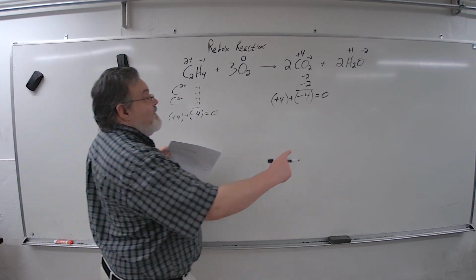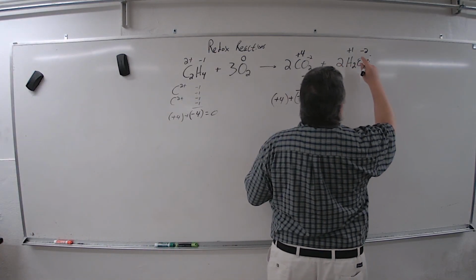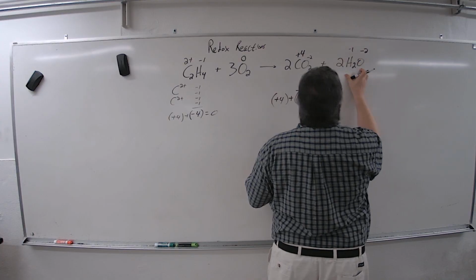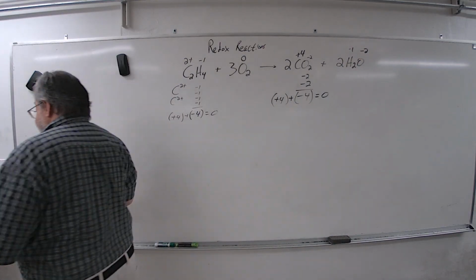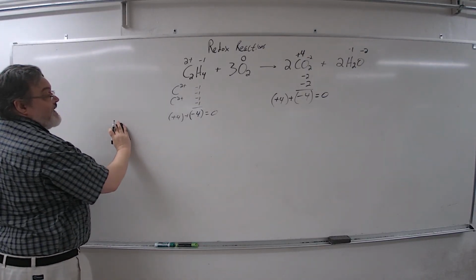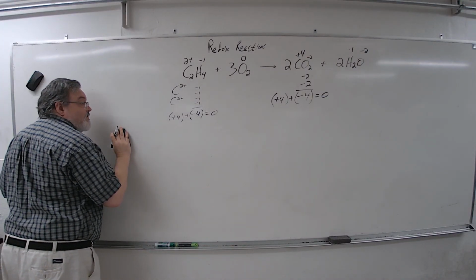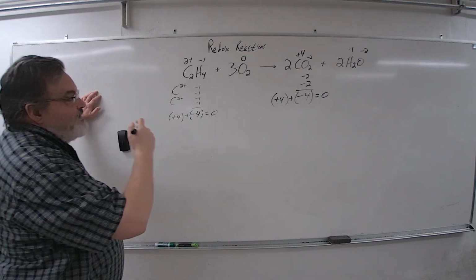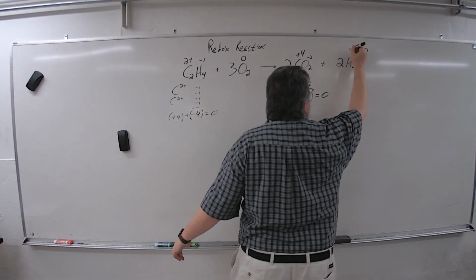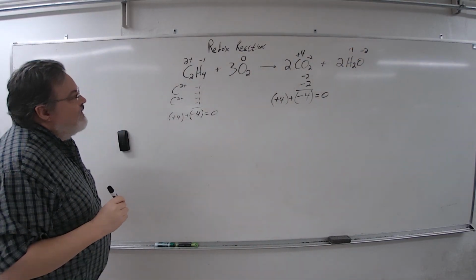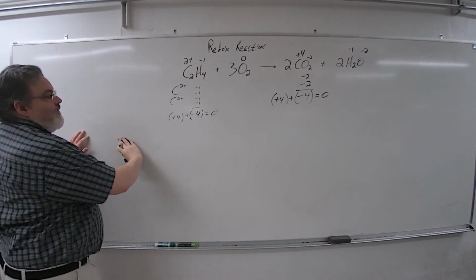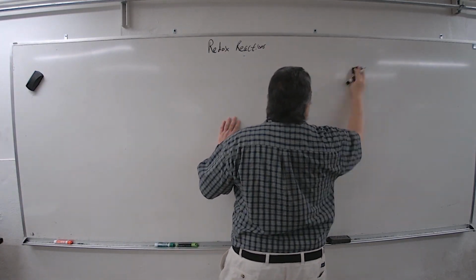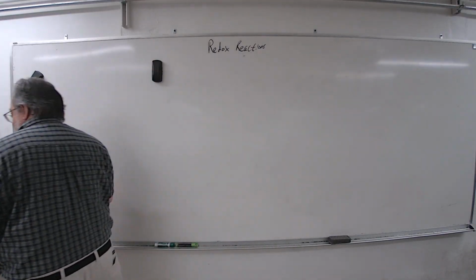I can't figure out why this can't be -1. It's supposed to. Then this would be charged +3. I'll come back to combustion reactions. I'm just going to stand here confused. This has to be +1. Maybe that's why I ignore combustion reactions. They confuse me.